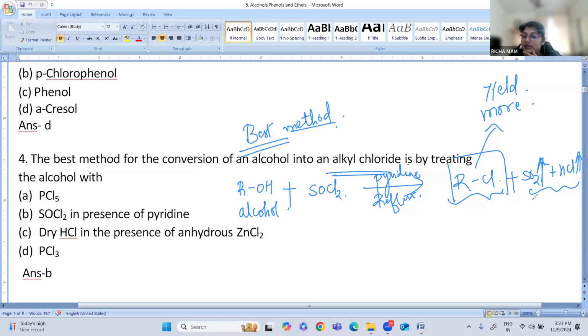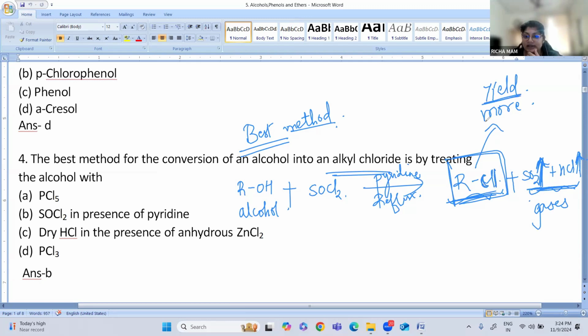Why? Because the byproducts obtained are gases, and they will easily escape out into the atmosphere. They will not remain in the container. After the reaction, the product will be formed and the remaining will escape out, so there are no impurities or byproducts.